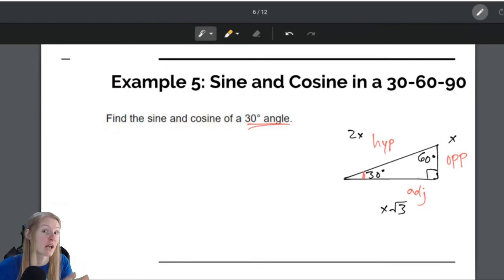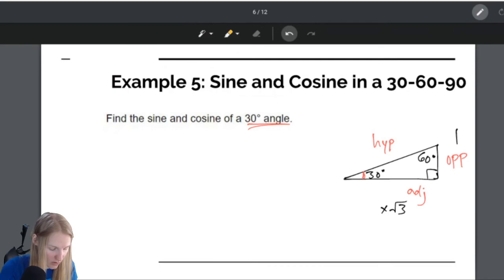You can use whatever number you want, and I promise you it will still work out just the same as me. We'll make this x a 1, which makes this 2x 2 times 1, which is 2. And 1 times the square root of 3 is just the square root of 3.